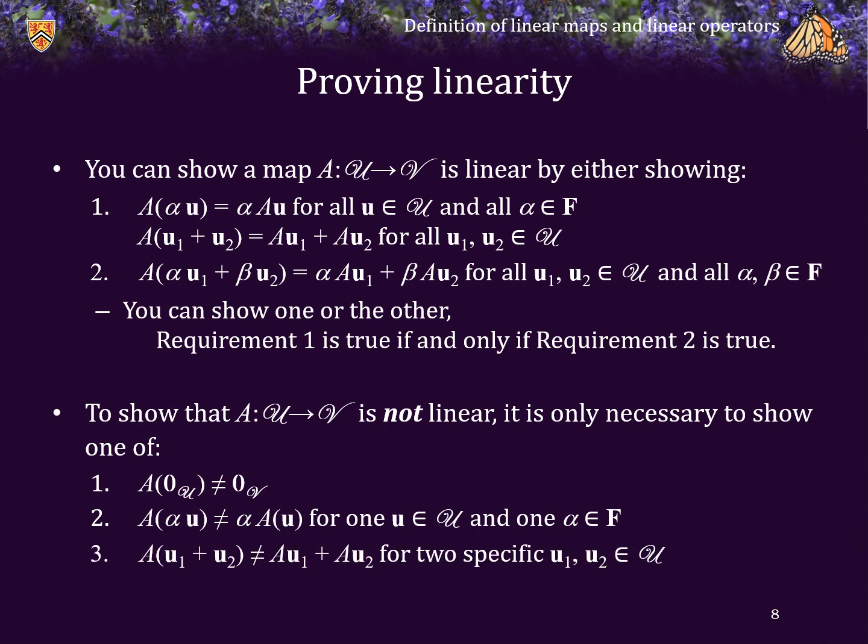Or you can show that there are two vectors u1 and u2 such that A applied to the sum of u1 and u2 is not equal to the sum of A applied to each of them. And again, you only have to find two vectors in all of U, and if this statement is not true for those two vectors, then the map is not linear.